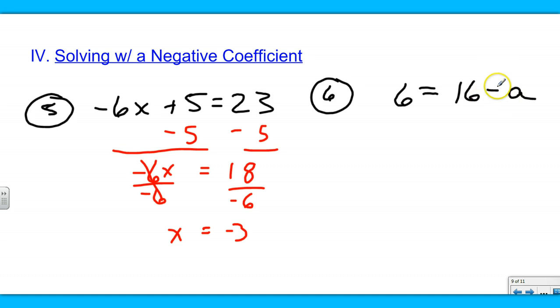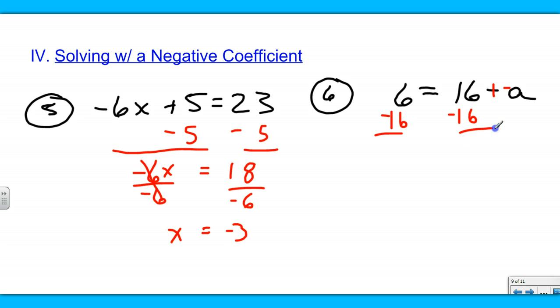Okay, this is a really tricky one because we're subtracting a. So we could also say that we are adding a negative a, right? Negative 1a. Okay, so the first thing that we are going to try to do is move this 16 out of here. So what's the inverse of 16? That's right, negative 16. So we're actually subtracting 16 from both sides. Good job.